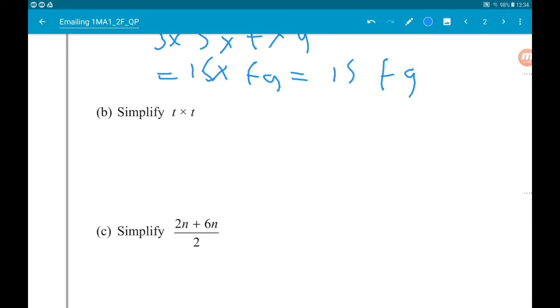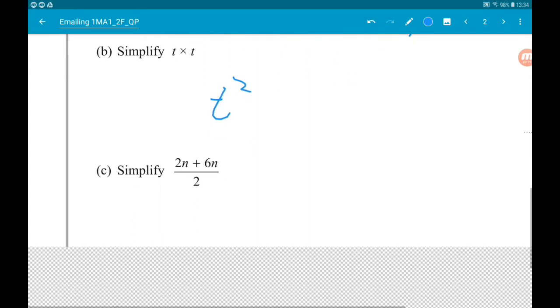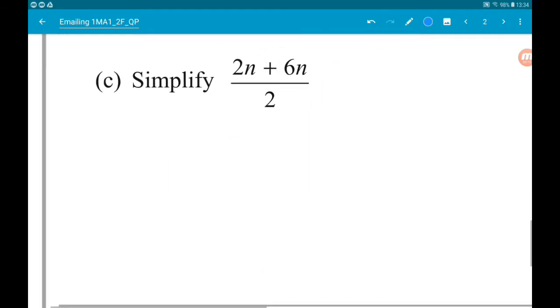Part B wants us to simplify t times t. Any number times itself is that number squared, so t times t is t squared. And then part C wants us to simplify 2n add 6n over 2.